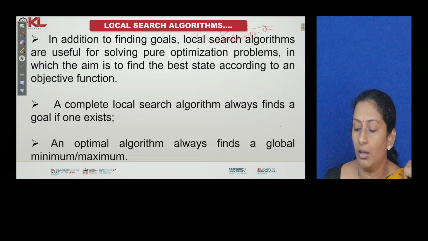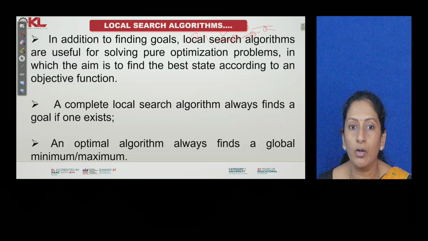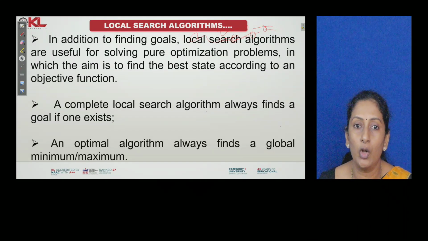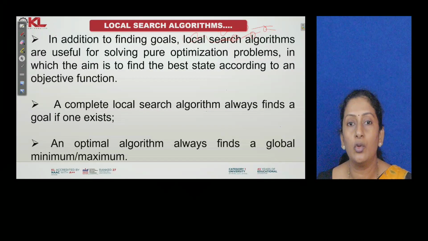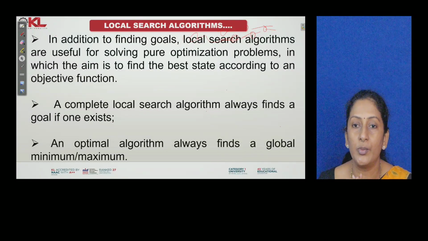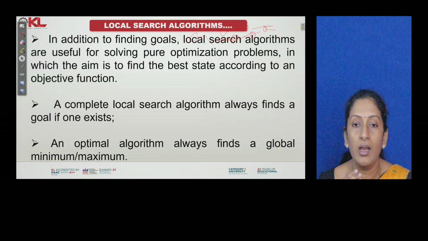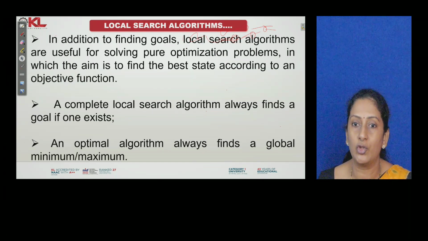And these local search algorithms, along with finding the goal by considering the local nodes in the local neighborhood, are also known as optimization problems, because the different variations will try to find the optimized solution.